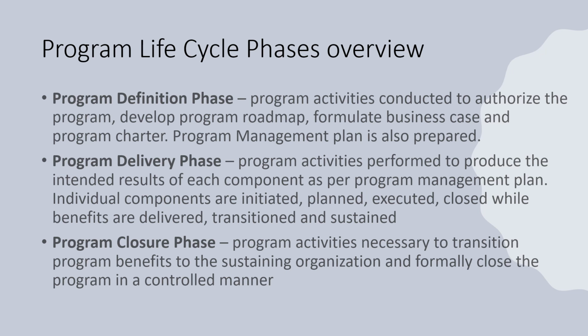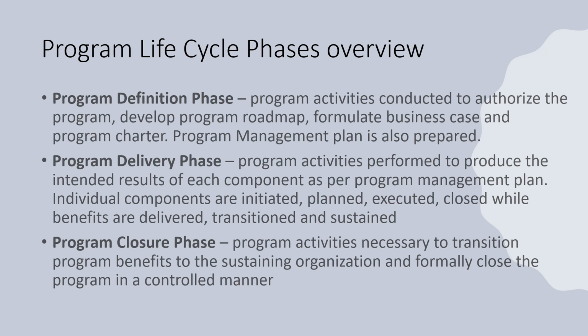Once all these things are done, we move to the program delivery phase. In this phase, the activities performed produce the intended results of each component as per the program management plan. You prepared the program management plan in the definition phase, and now you are going to execute the activities needed to deliver the intended benefits. As per the plan, you're going to execute it.